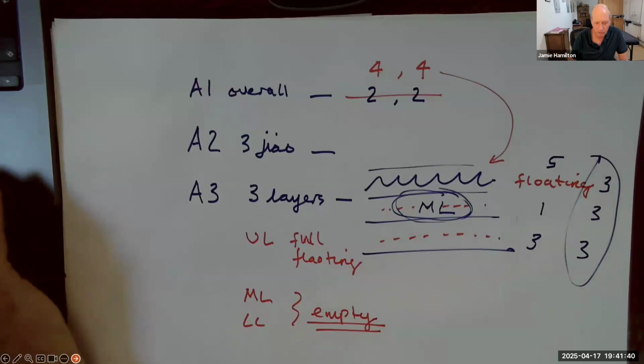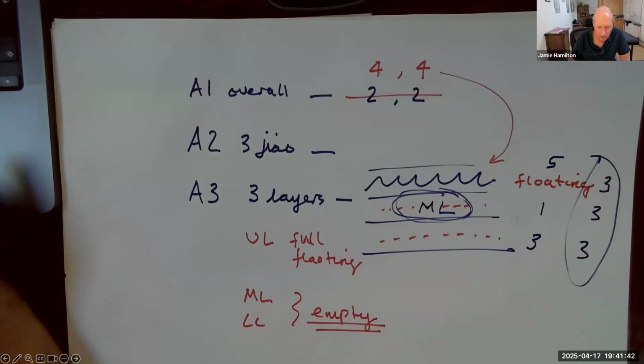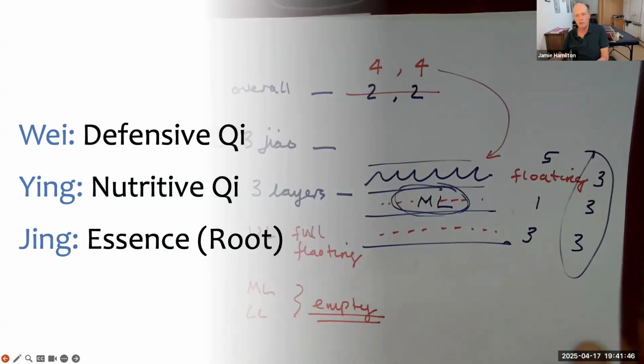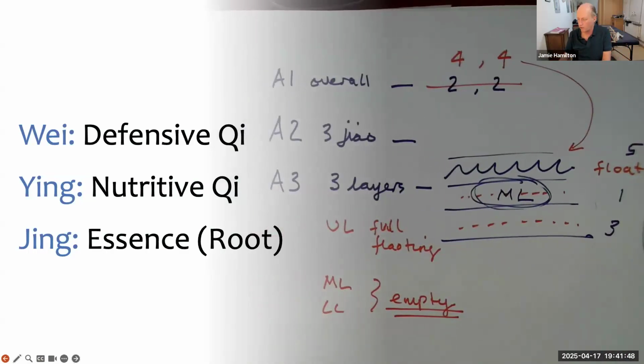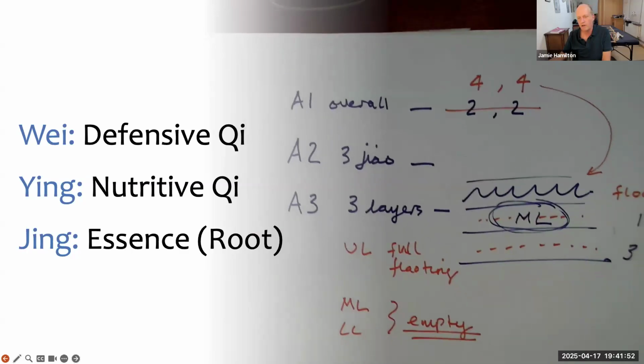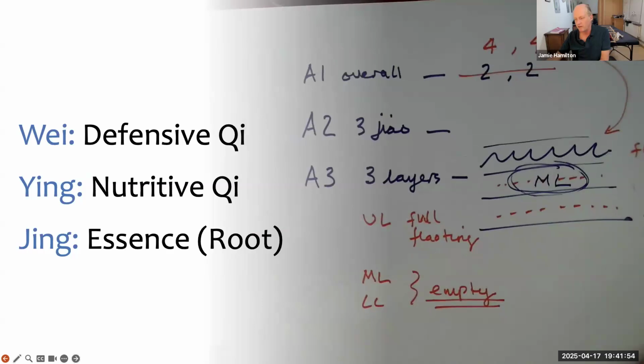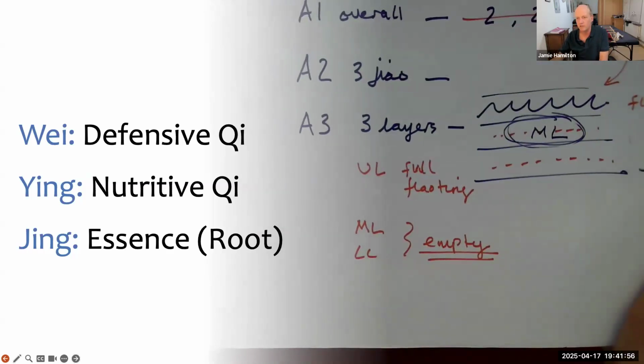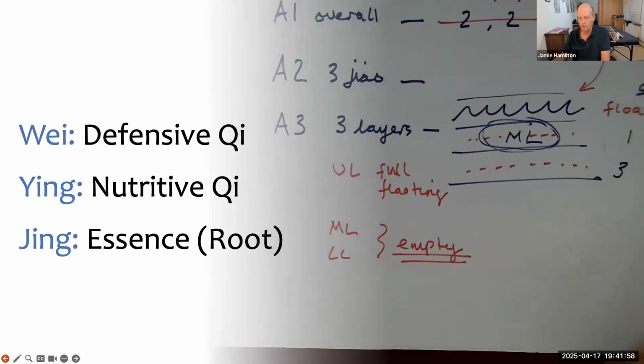So what does that relate to, this middle layer? It's the nutritive qi. When we don't have enough energy in the nutritive qi, that's like our blood and the products of our digestion have not been developed properly.